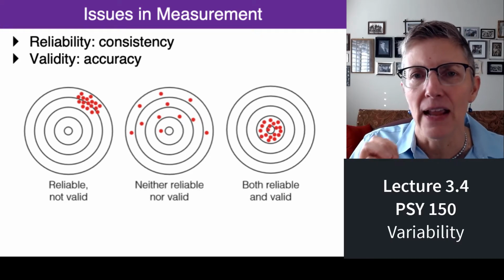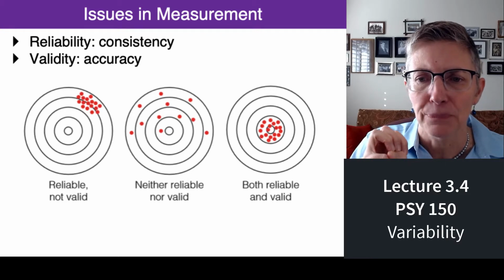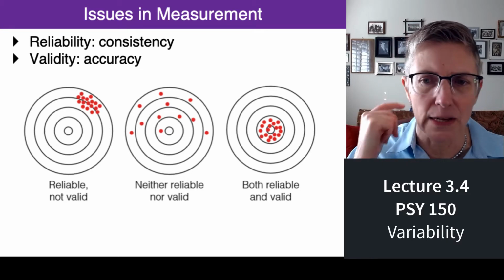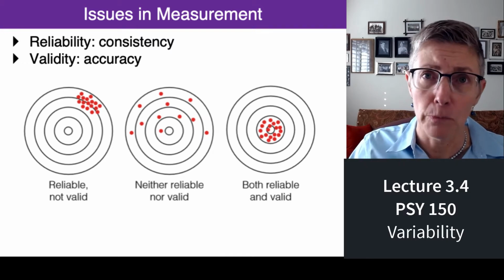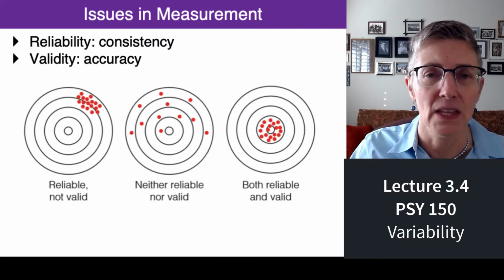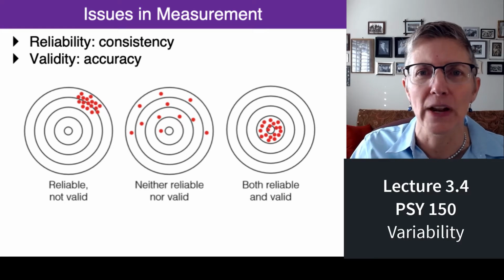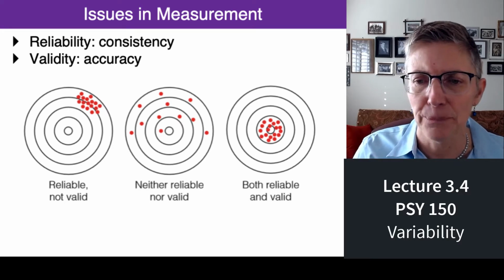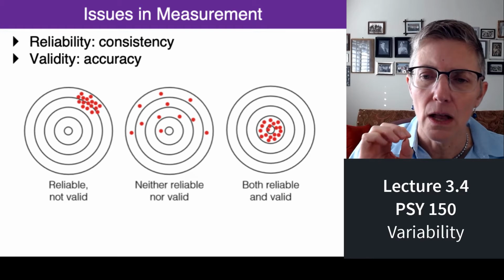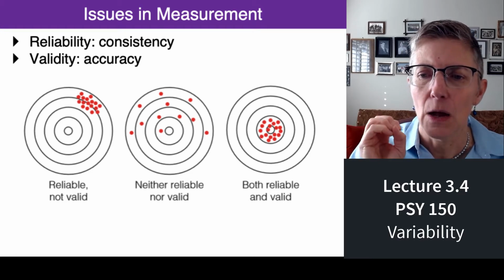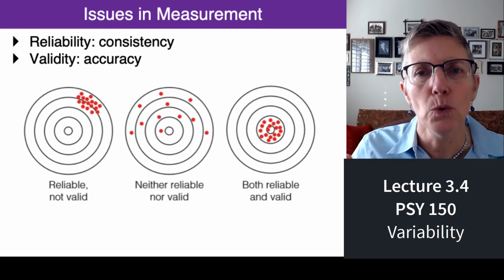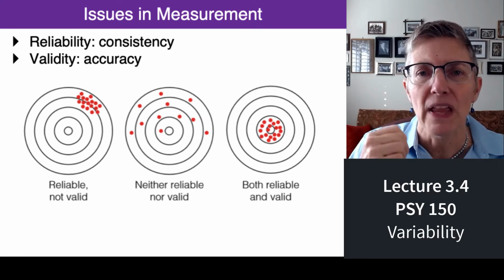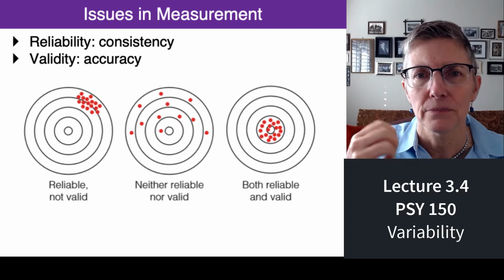Validity is about accuracy. So I'm using the examples here of you could think of them as darts on a dartboard, or I used to be a competitive archer, so arrows on an archery target. When something is valid, you're using the right tool for the job, and your results are accurate.